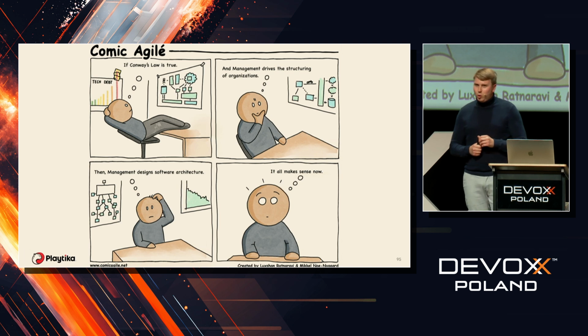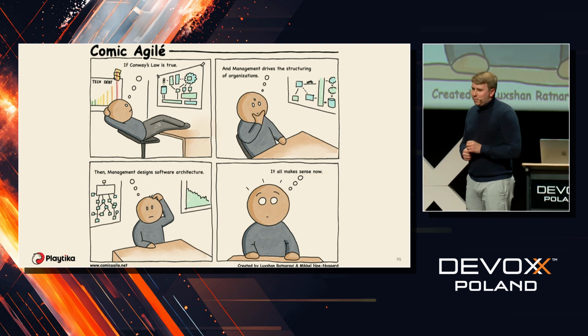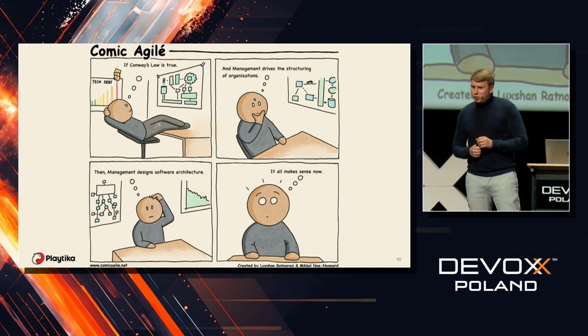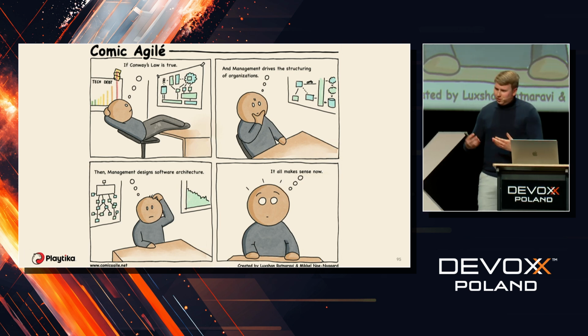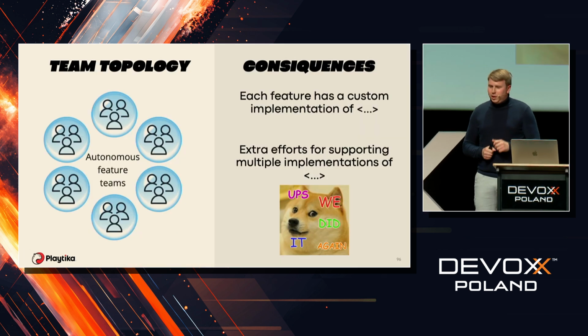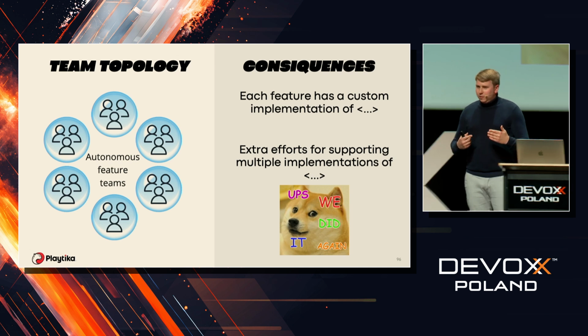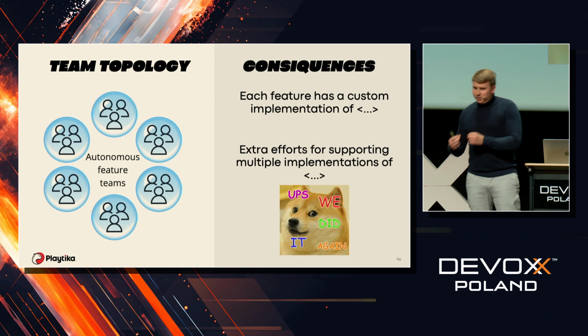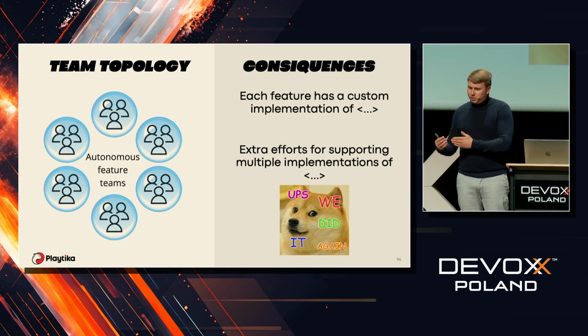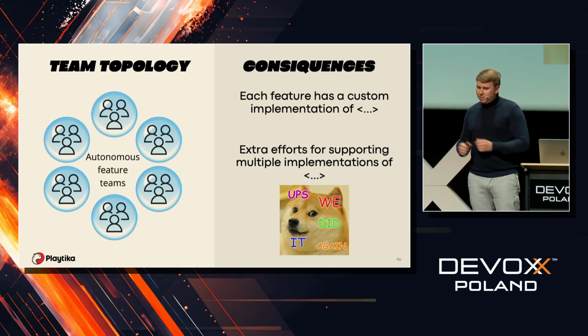So in case Conway's law is true, and management defined the software architecture, basically we need to use some management techniques to promote the right architecture. And in our case, the current team topology didn't promote this architecture, didn't force us to build the reusable components.